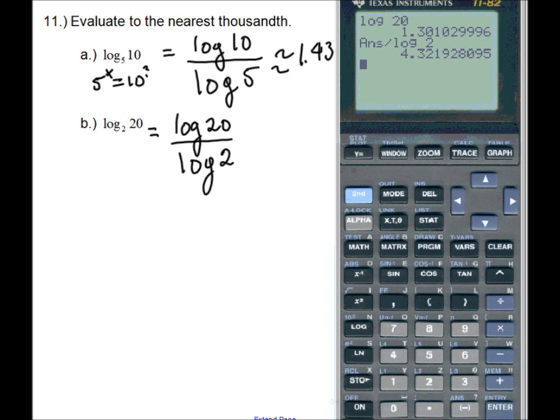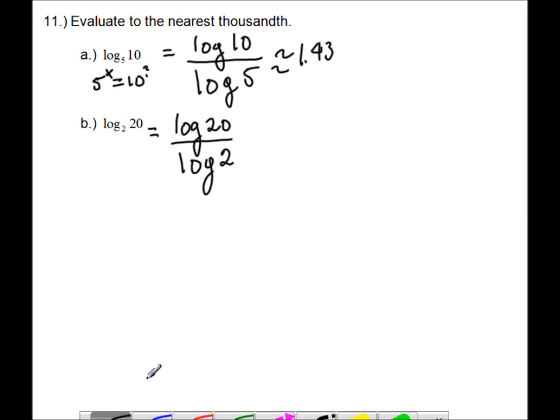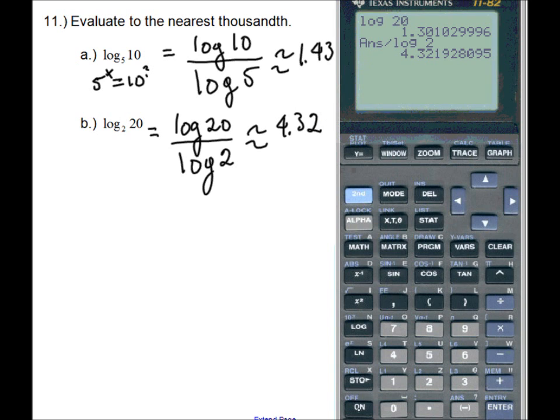And so then we end up getting 4.32. That was our approximation. And so this is, again, an approximation. This is the exact answer.